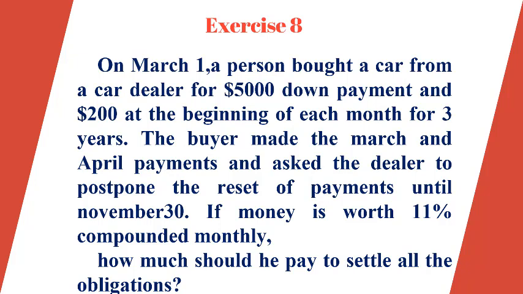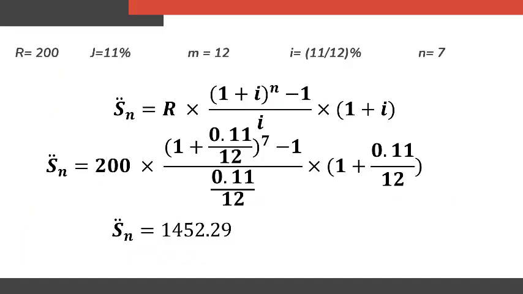We have 7 payments. We have 7 annuities. All these annuities will be paid on November 30. So N equals 7. In the formula of annuity due, S double dot N equals R times (1 plus I to the power of N minus 1) over I, times (1 plus I), we have S double dot N equal 1452.